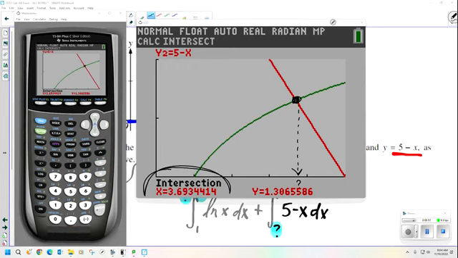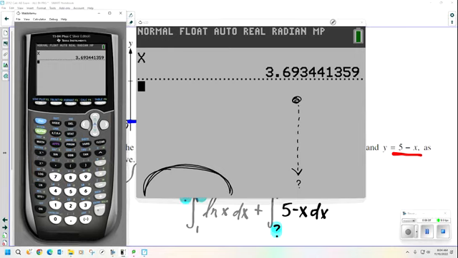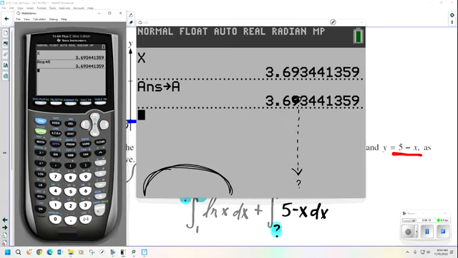x is 3.693. Okay? So what I'm going to do is, that is stored in the x variable. But when I use the integration function in the calculator, and I have my x variables in there, I don't like to put x as a bound. I'm sure it's fine. I'm just going to store this in a, just so I can have 2 variables.